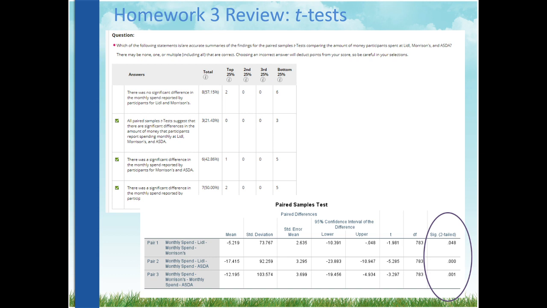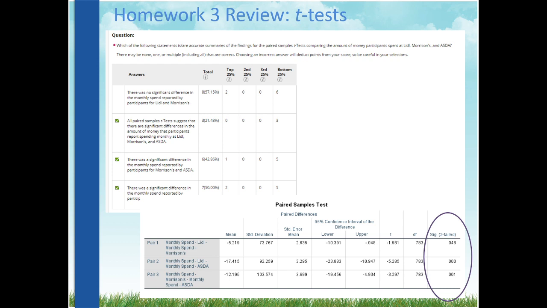So on the paired samples t-test, remember, in order to find out whether something's significant, we're looking over here on the right side at what's circled, the significance for the two-tailed. In order to be significant, it has to be 0.05 or less.